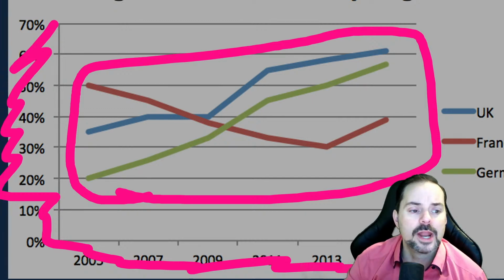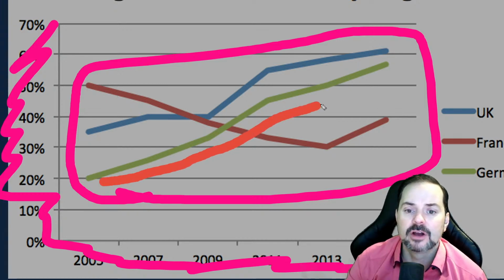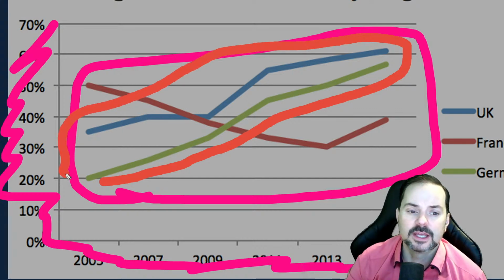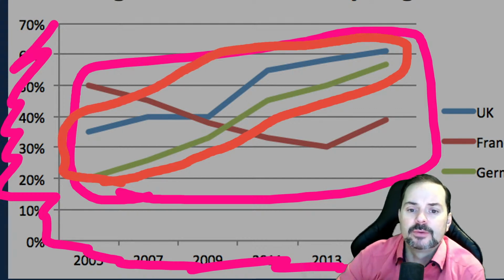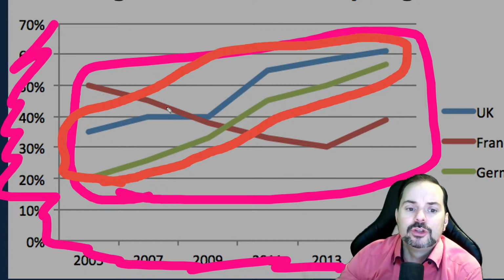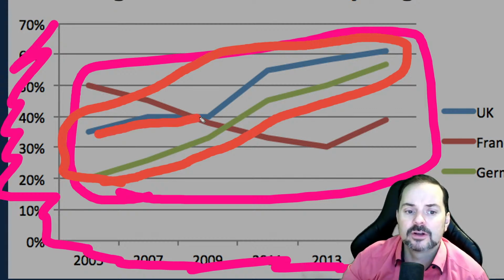So what I notice right away is that UK and Germany have a consistent increase, okay, quite a consistent increase in their recycling rates. And the UK is always at the highest rate, consistently going up.